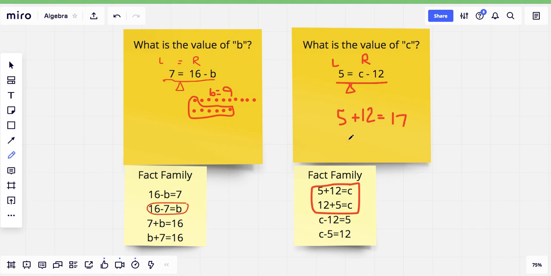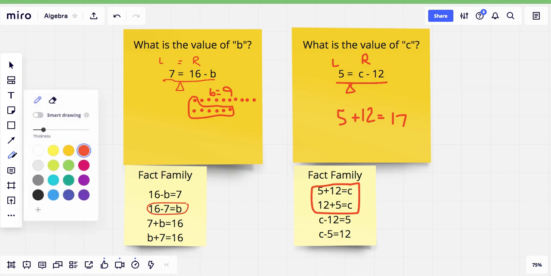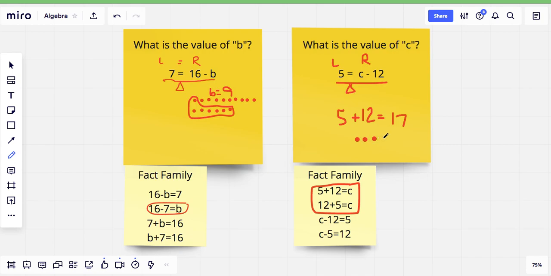If I have 17 dots, 1, 2, 3, 4, 5, 6, 7, 8, 9, 10, 11, 12, 13, 14, 15, 16, and 17, and I take away 12, so 1, 2, 3, 4, 5, 6, 7, 8, 9, 10, 11, 12.